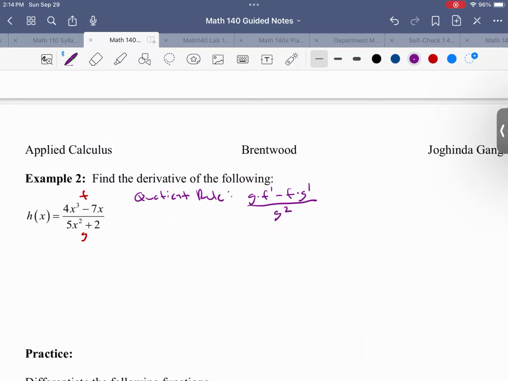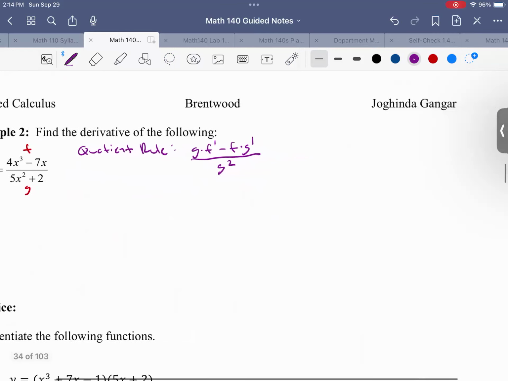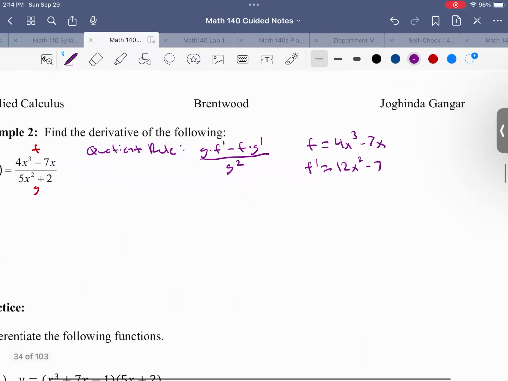So we've got to find our f prime and g prime and then put it into the formula and figure out what that is. So my f is just 4x cubed minus 7x, and my f prime, I just got to take a derivative of this. This would just be 12x squared minus 7.